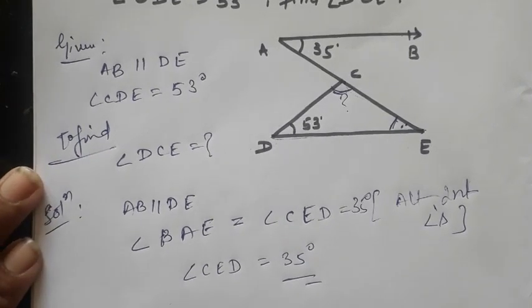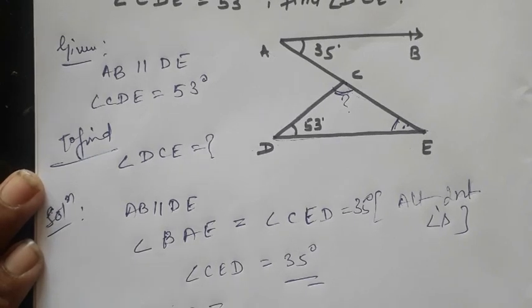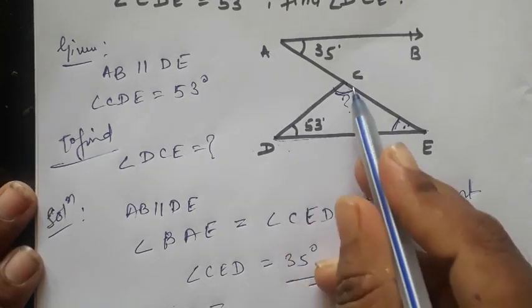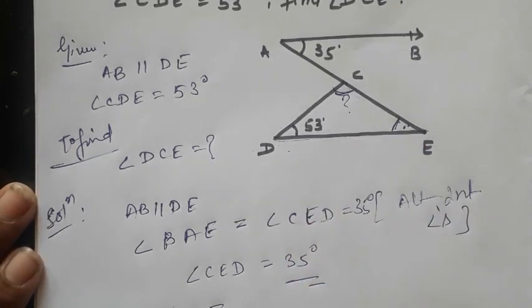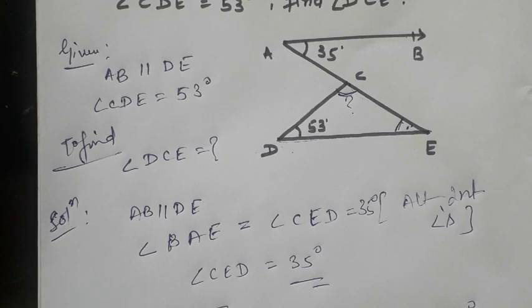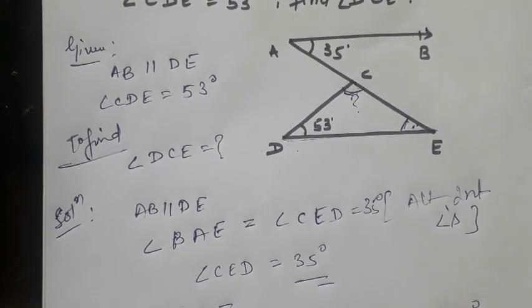So we can apply in triangle CDE: angle CDE plus angle CED plus the angle we need to find, DCE, is equal to 180 degrees. CDE is 53, and this is 35, plus DCE which I need to find.